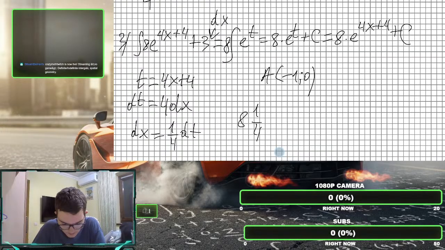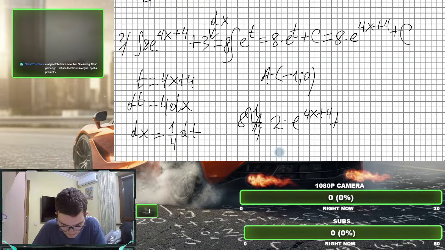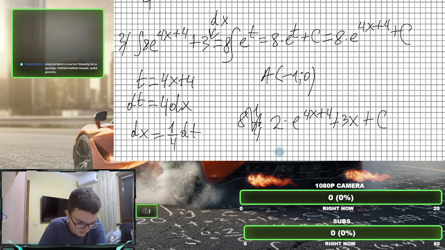So it's just gonna be plus 3x. And this is what you have. So this is 8 divided by 4, so it's just 2 times e to the power 4x plus 4, and then plus 3x plus c. I think this is what it is.